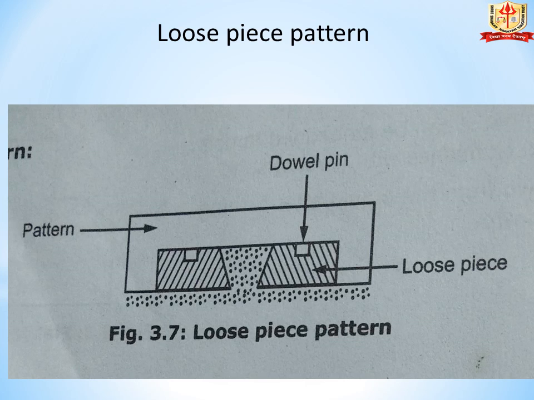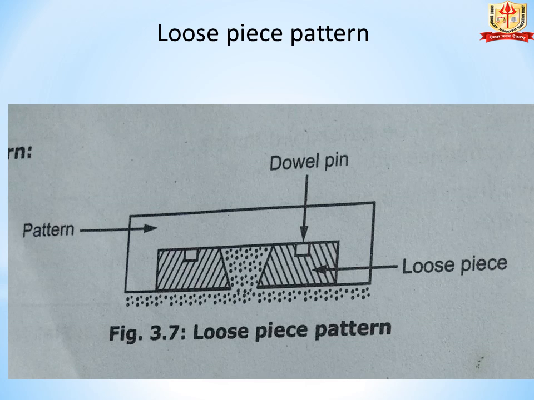Next is loose piece pattern. In the figure, you can see the loose piece pattern. There is a C shape, this is a pattern, and there is a dowel pin, and there is a loose piece. Many times, due to projecting parts, it is difficult to withdraw the pattern from the mold.